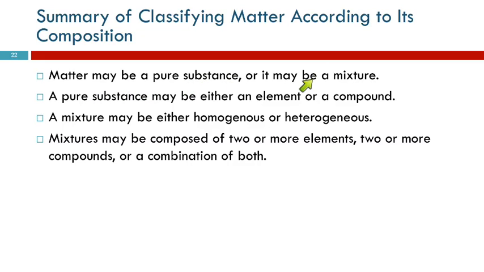It can be a pure substance or a mixture. Pure substances can either be elements or compounds. Mixtures can be homogeneous or heterogeneous. Mixtures can be composed of two elements, two compounds, one element and one compound, or 532 compounds in your mixture. Any combination is possible.